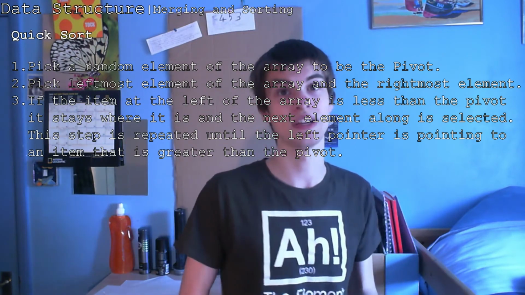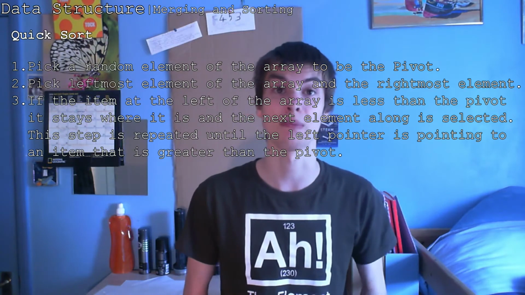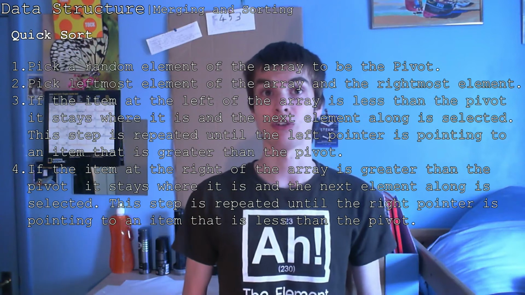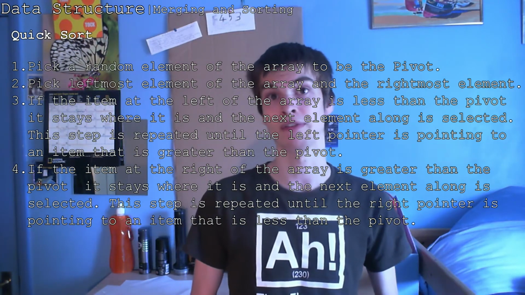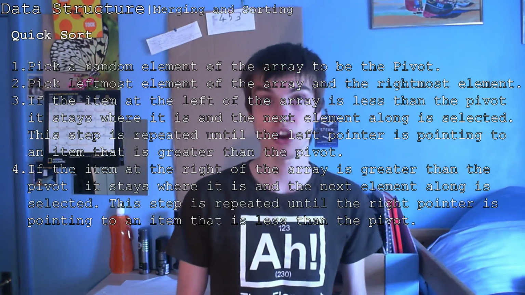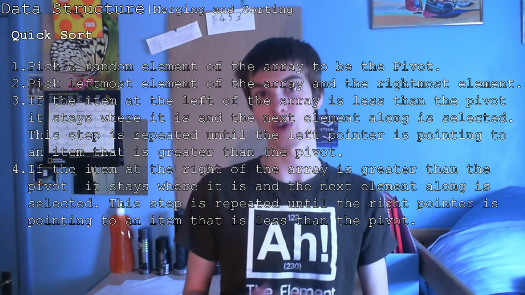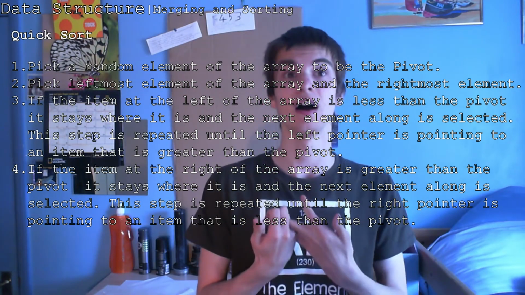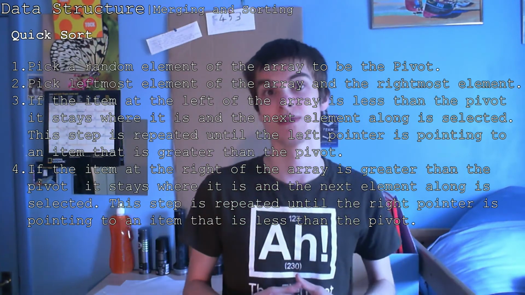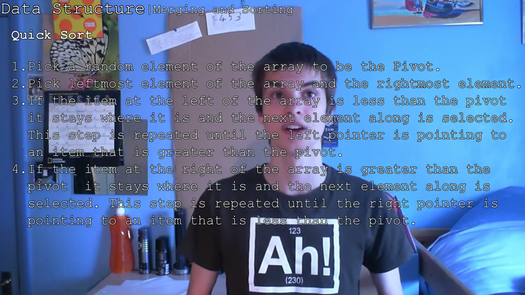This step is repeated until the left pointer is pointing to an item that is greater than the pivot. If the item at the right of the array is greater than the pivot, it stays where it is and the next element along is selected. This step is repeated until the right pointer is pointing to an item which is less than the pivot. So it creates the two sublists sort of thing.